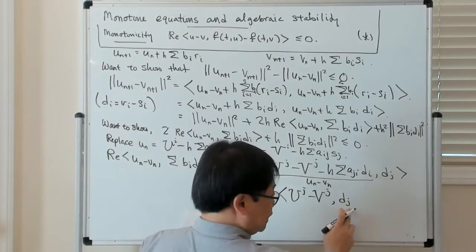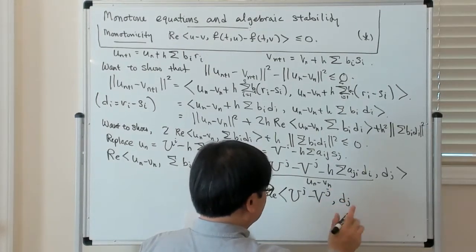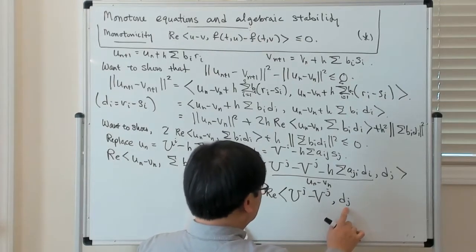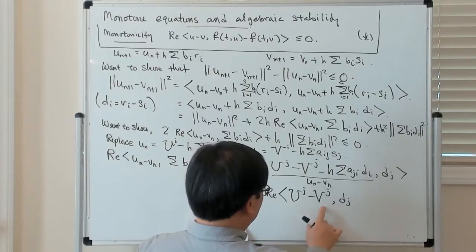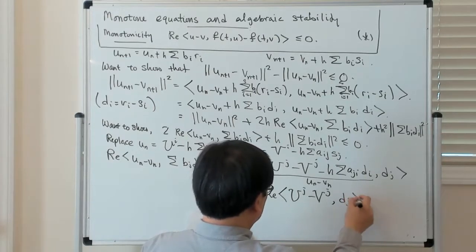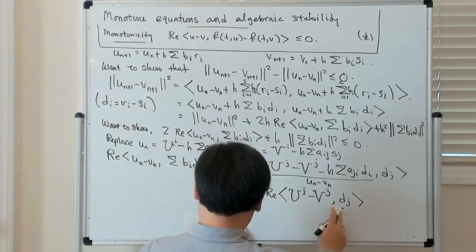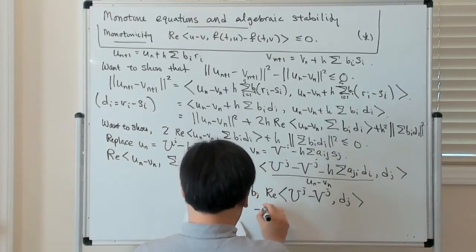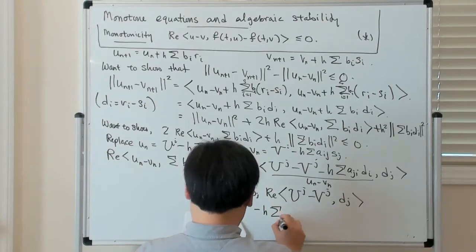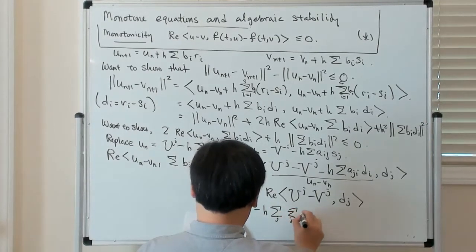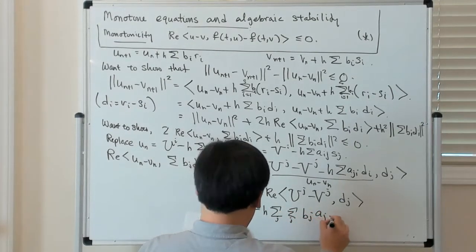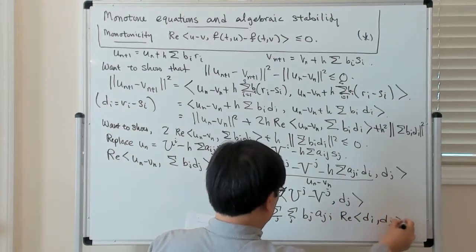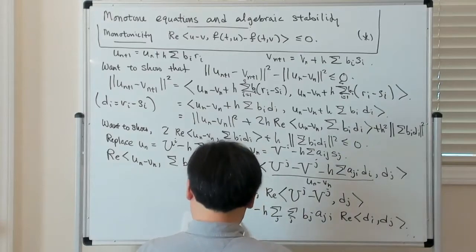The reason that's of interest is because dj, of course, is the difference of the vector fields evaluated at uj and vj. So that's something which we have an inequality on. And then you're left with minus h sum over j, sum over i of bj aji, real part of di dj.